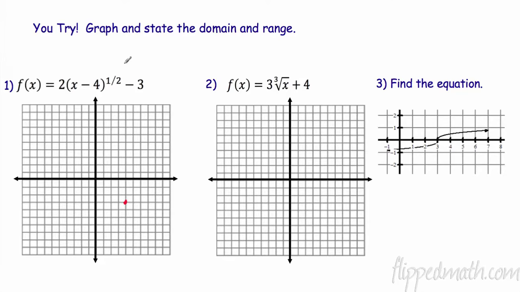And we have a scalar of 2, so instead of 0, 1, and 2, it's going to go to 0, 2, and 4. So 1 over, up 2. 4 over, 1, 2, 3, 4 over, up 4. 1, 2, 3, 4. And there is our graph.